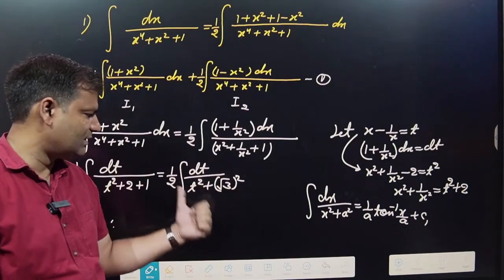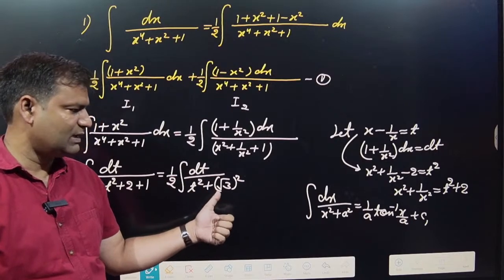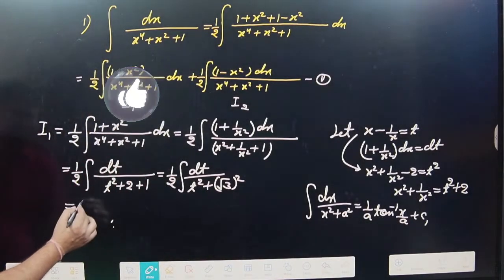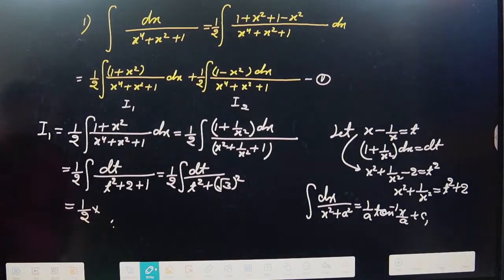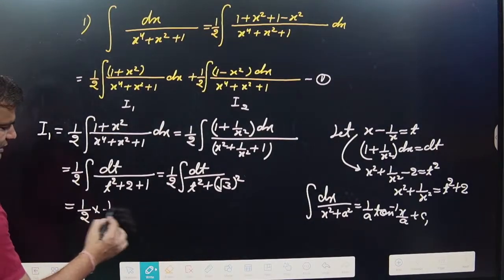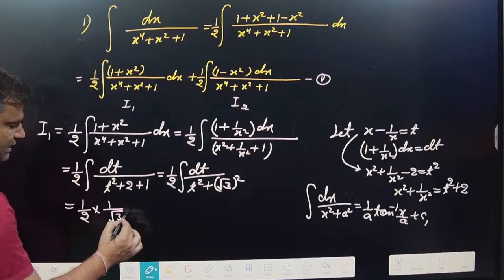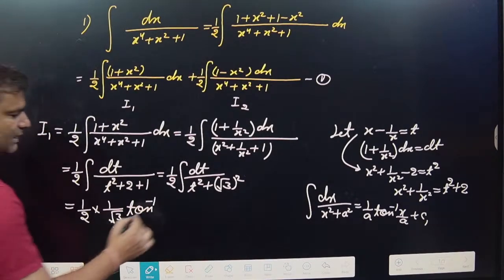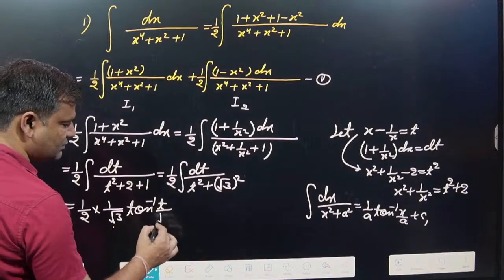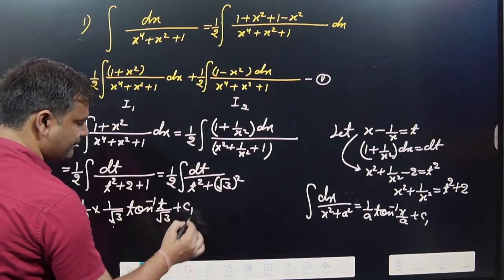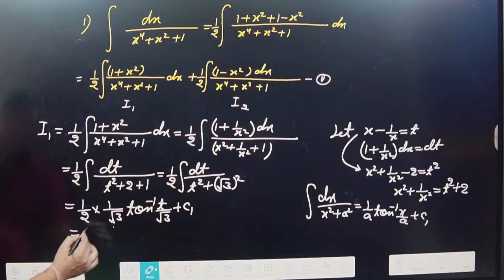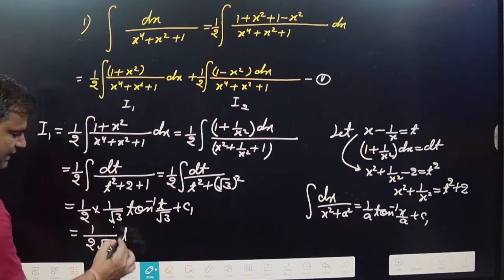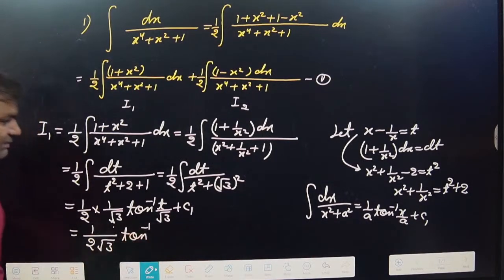So here t is basically x and a is basically root 3. So you can write in a very simple way 1 by 2 into 1 by a, which is 1 by root 3, so 1 by root 3 into tan inverse t divided by root 3 plus c1.